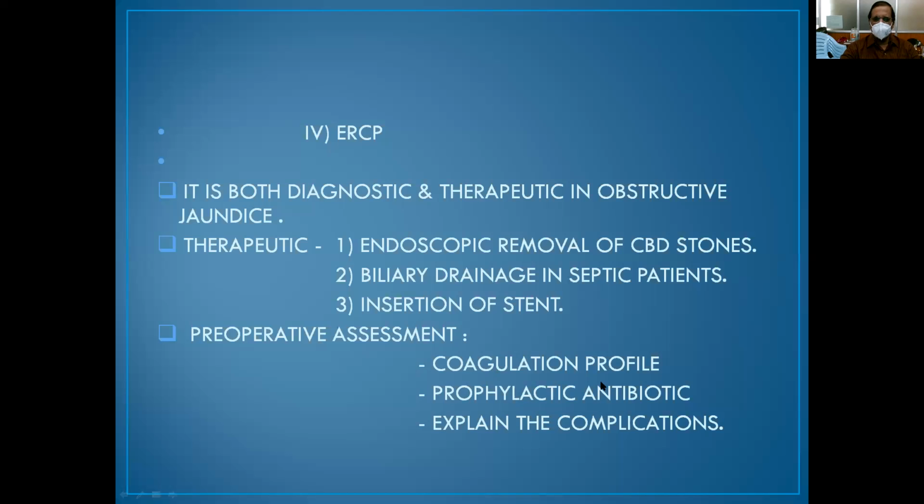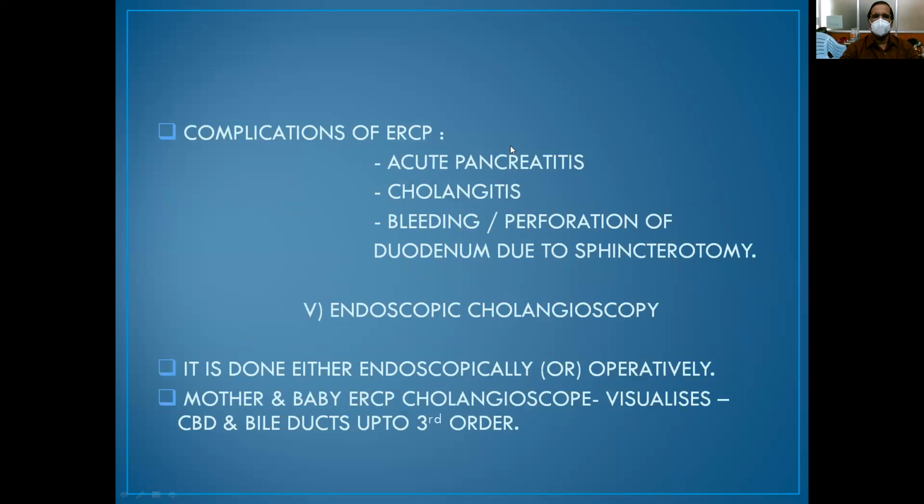That's why you have to give prophylactic antibiotics, and there may be a bleeding tendency, so you have to do a coagulation profile before doing ERCP. Another most important complication of ERCP is acute pancreatitis. In addition, it may stimulate an attack of acute pancreatitis and cholangitis, because of the sepsis, since it is an invasive procedure, and bleeding. That's why you have to do a coagulation profile.